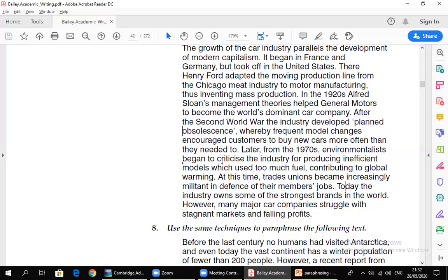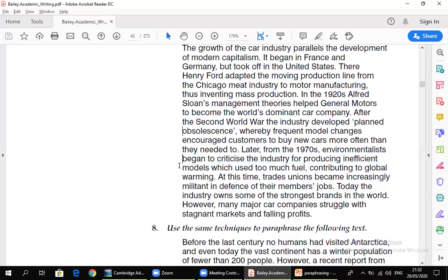Maybe they started to raise their concerns against the industry, or against this field of work, for producing inefficient models. Inefficient models, we can say fallible models.